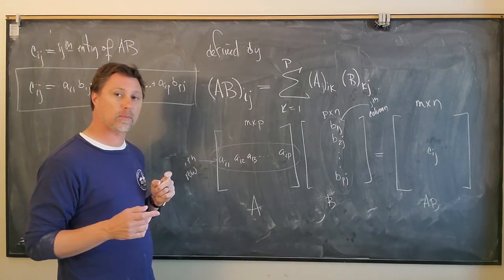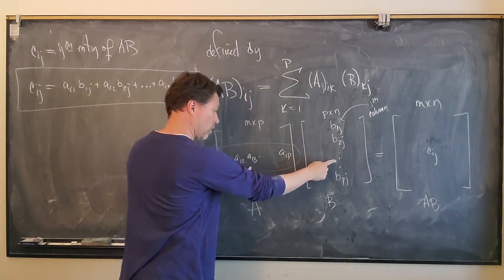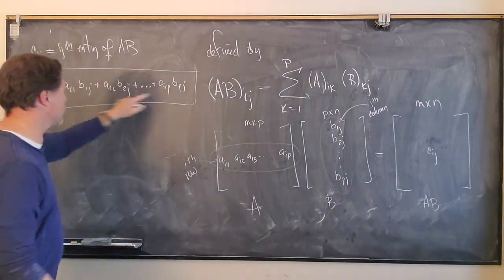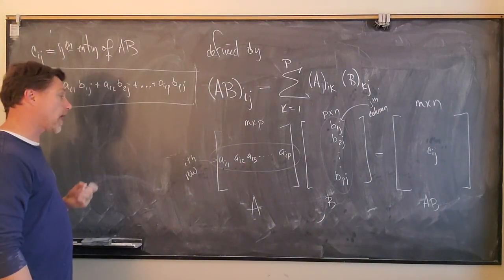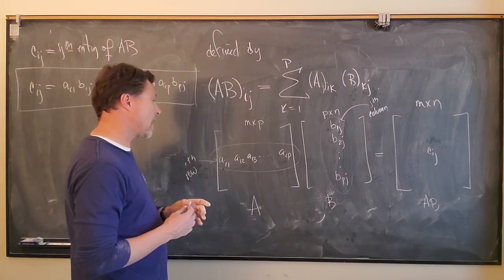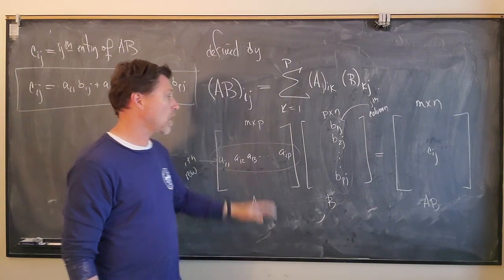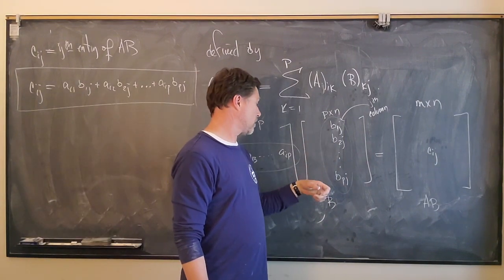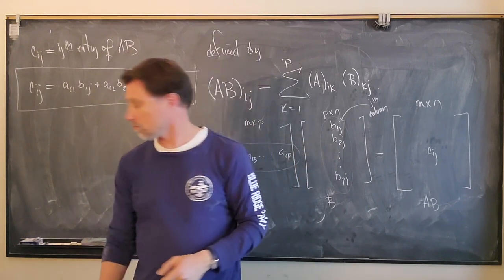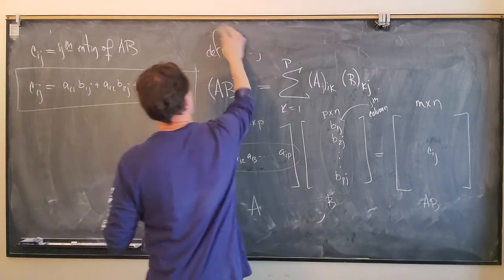How do you take dot products? You multiply entries in order and then add the results together. That's what this is telling you to do. So if you like, you can think of the ijth entry of A times B as the dot product of the ith row of A with the jth column of B. Okay.